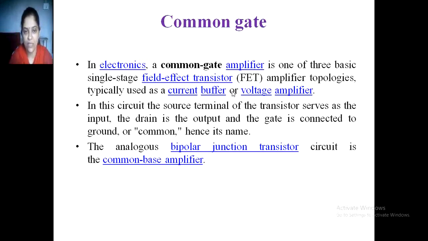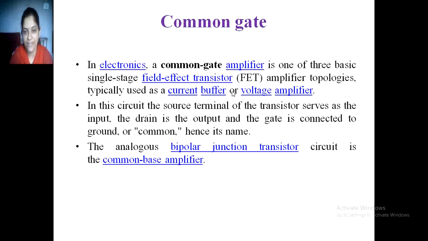In electronics, a common gate amplifier is one of the 3 basic single stage field effect transistor amplifier topologies. It is typically used as a current buffer or voltage amplifier. In this circuit, the source terminal of the transistor serves as the input and the drain is the output.